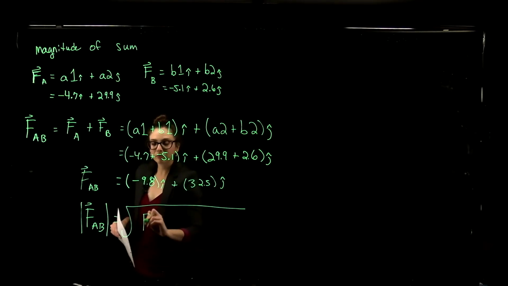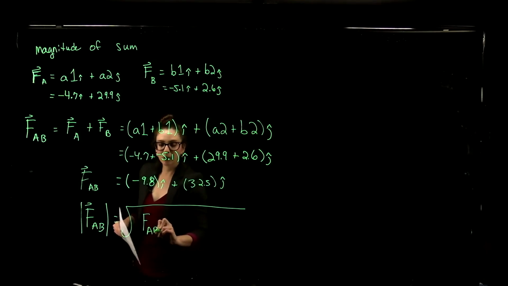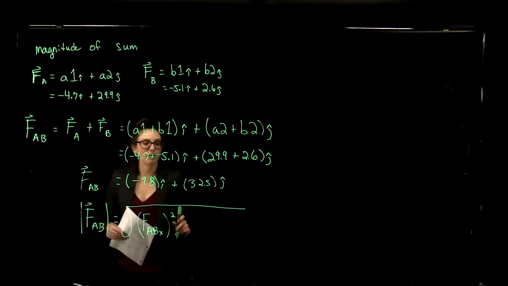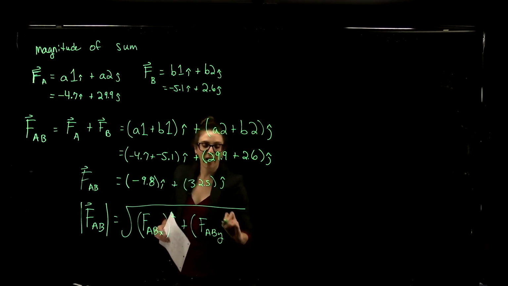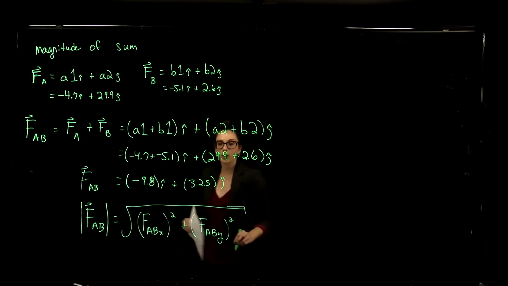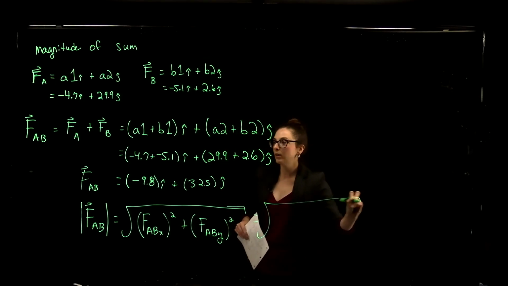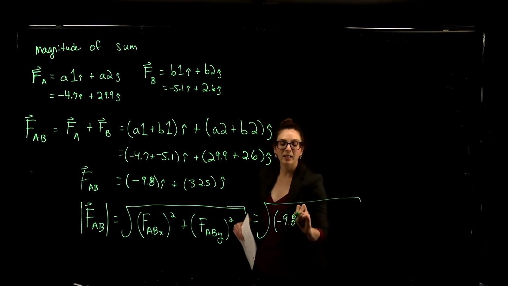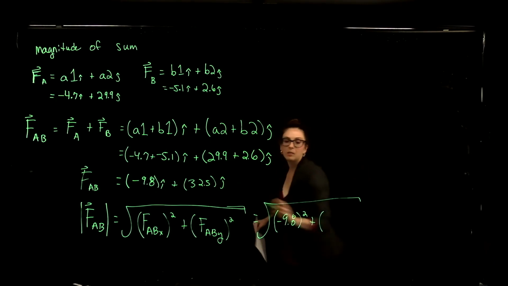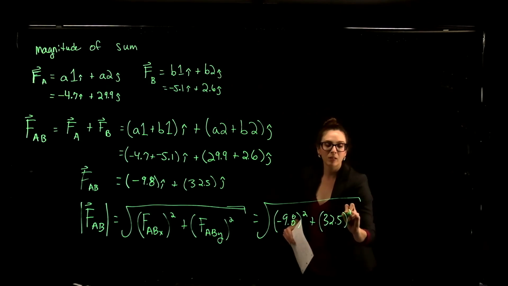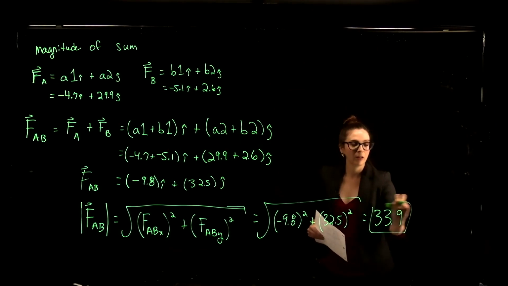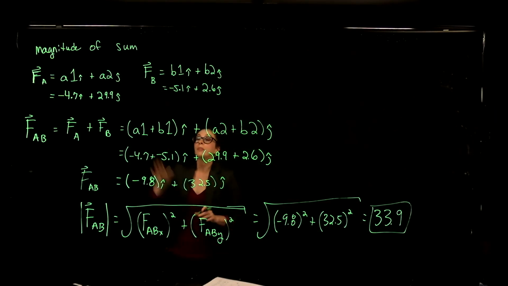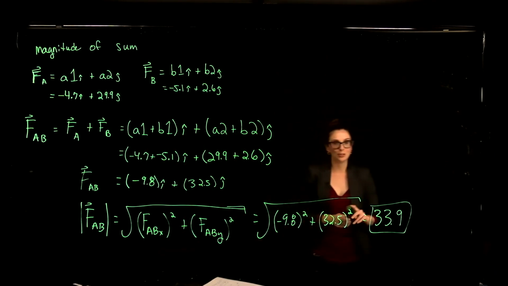The magnitude of this vector is the square root of the square of the X component of vector F_AB plus the square of the Y component of F_AB. That equals the square root of minus 9.8 squared plus 32.5 squared, and that ends up being 33.9. That's how you find the magnitude of the sum of two vectors.